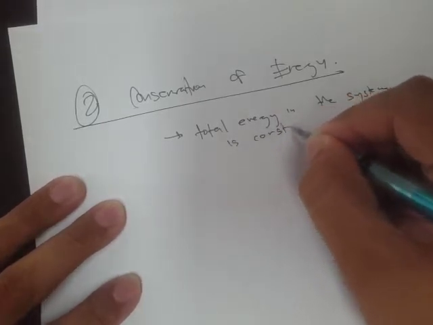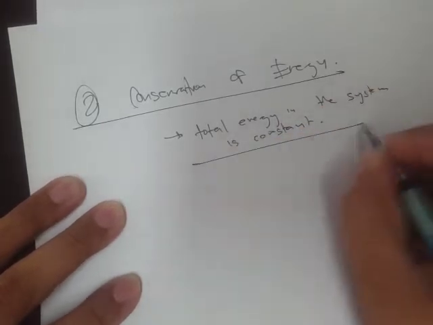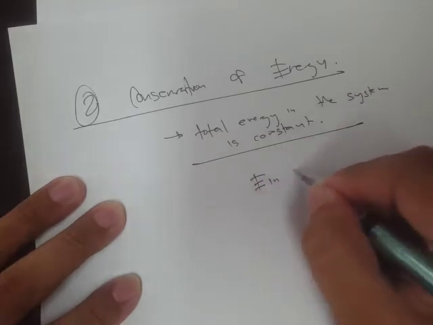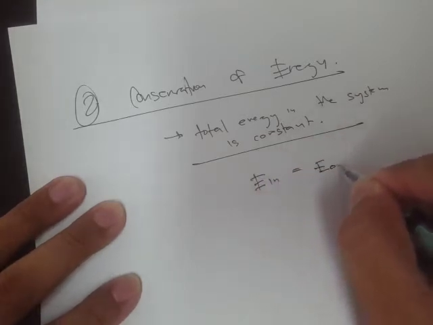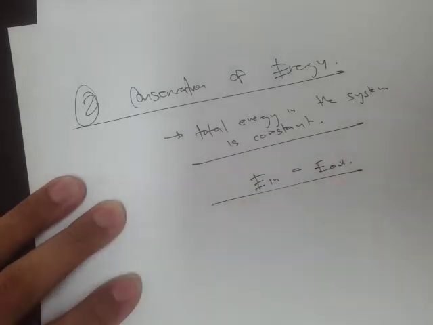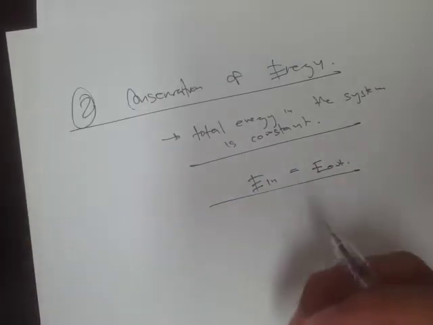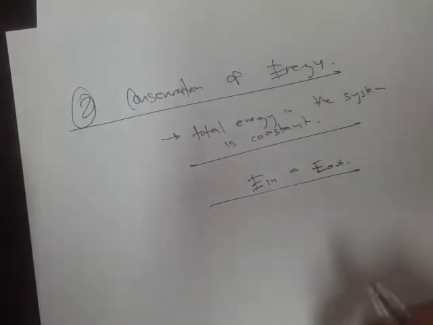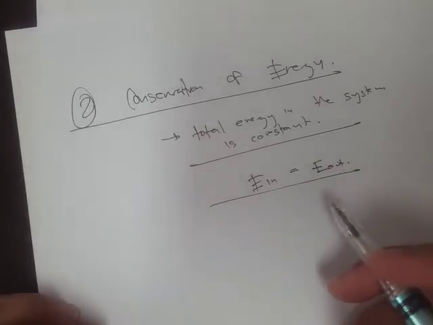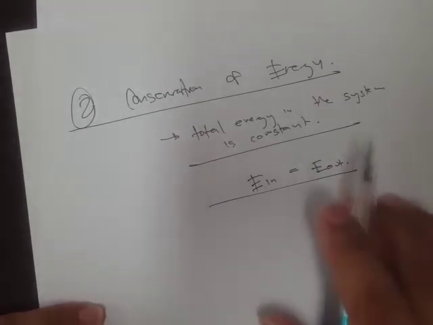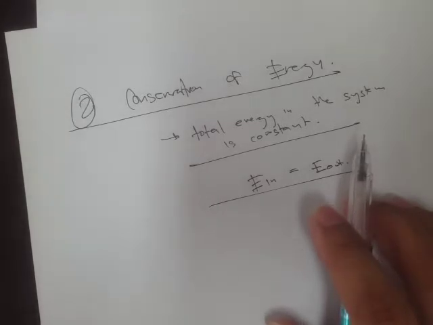And that means that the energy in must be equal to the energy out. So the energy that you put into the system must be the same as the energy that you put out, or that's lost from the system.